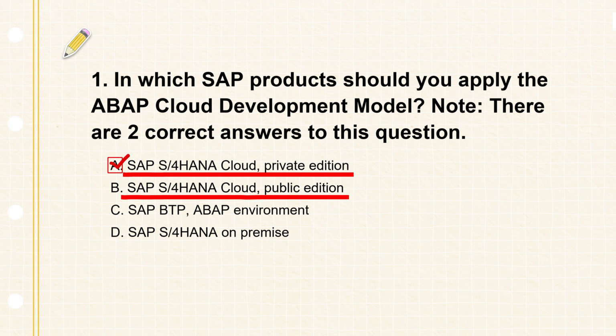The public edition generally does not support the full flexibility of the ABAP environment due to its standardized nature. SAP BTP ABAP environment is explicitly built for ABAP development in the cloud. Incorrect. The ABAP Cloud Development Model is intended for cloud scenarios, not on-premise installations.